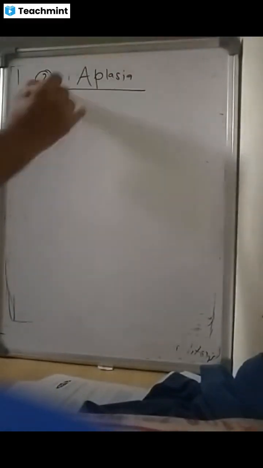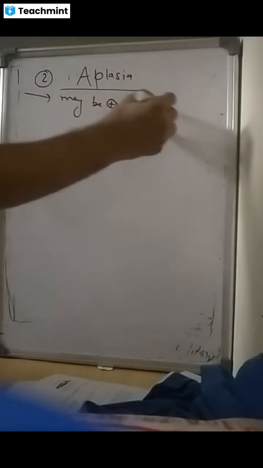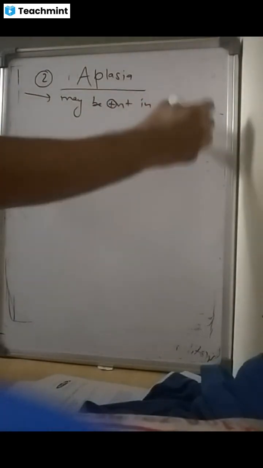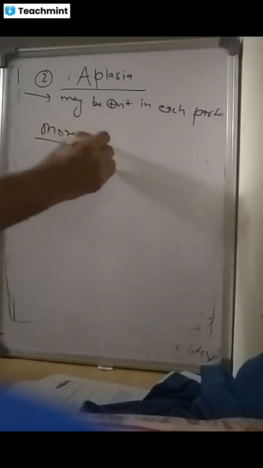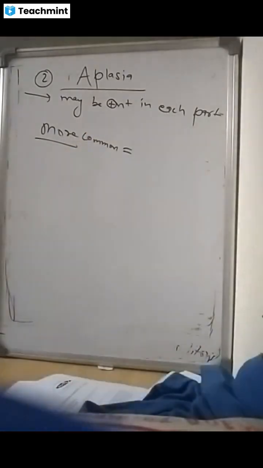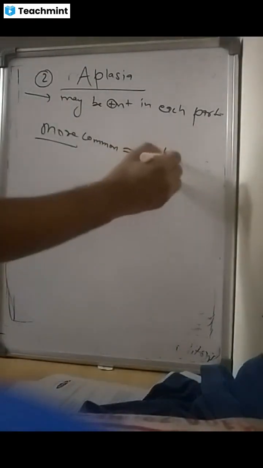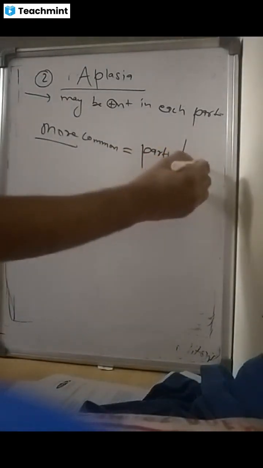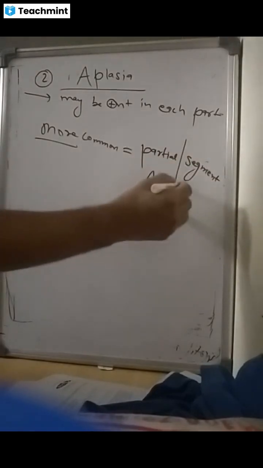Number two, aplasia. We have partial or segmental aplasia, and that is more common.